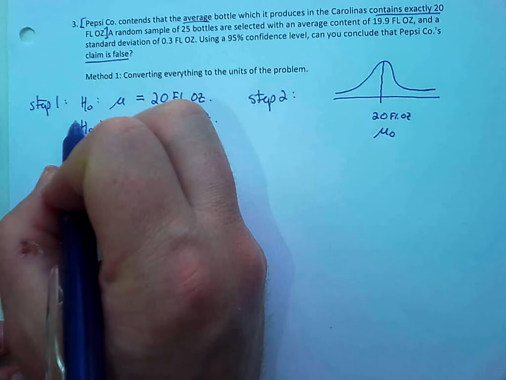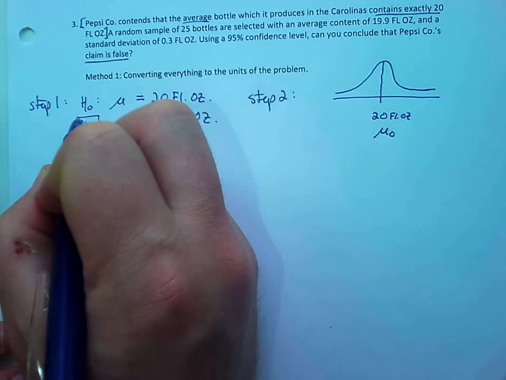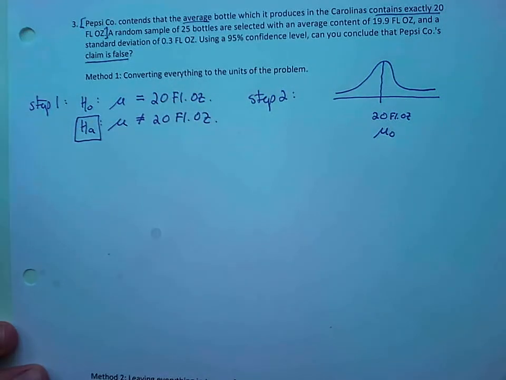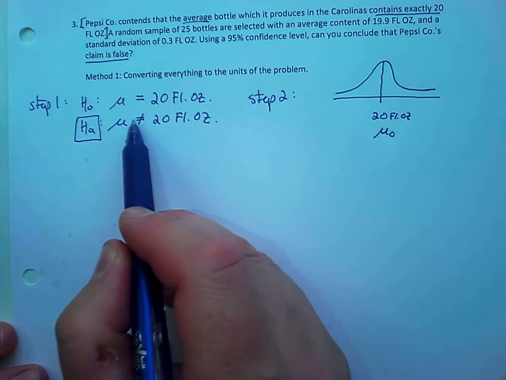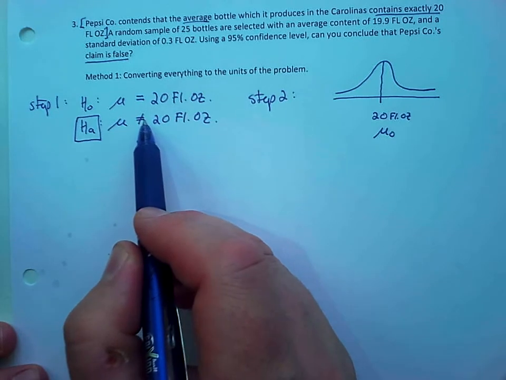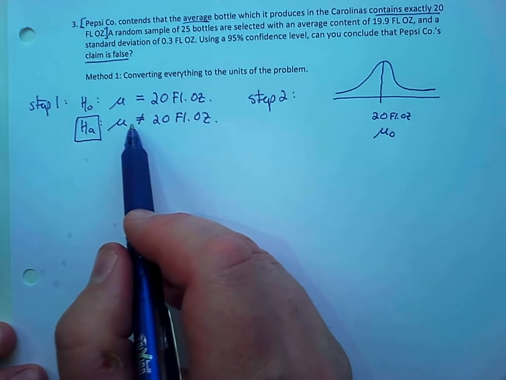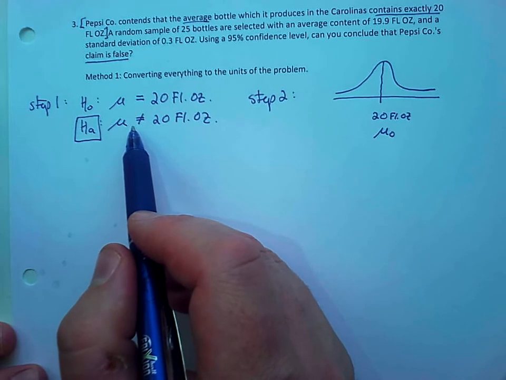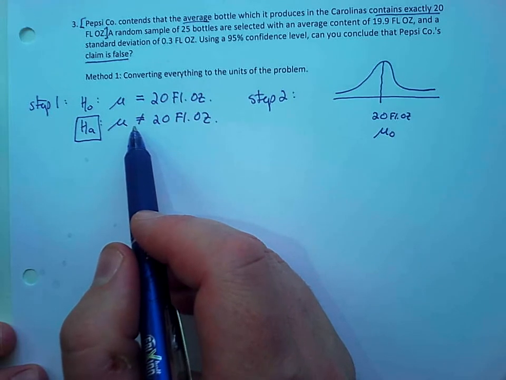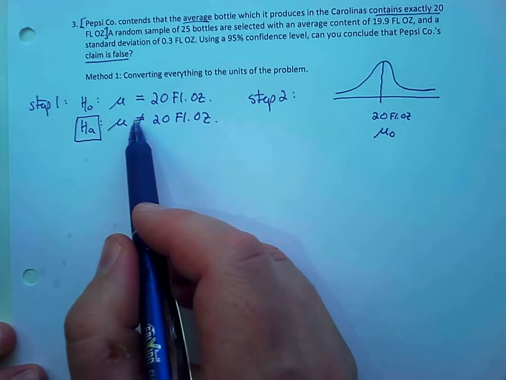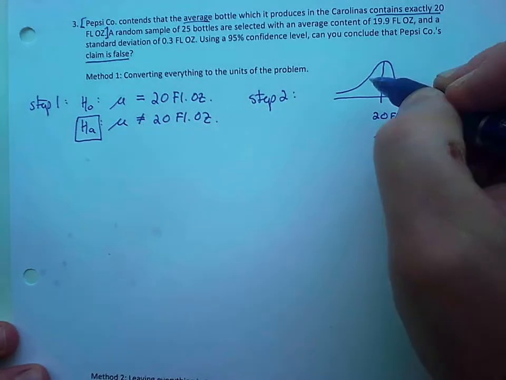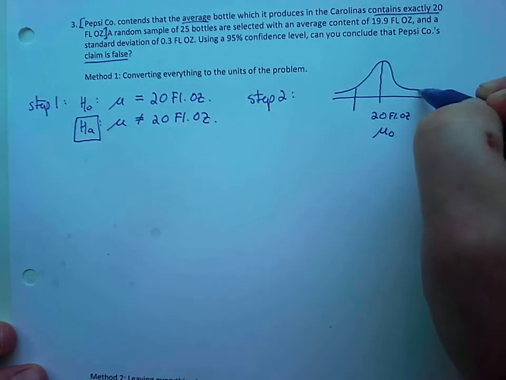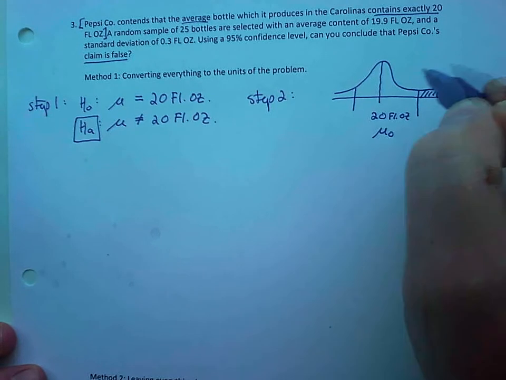And we determine that based off of our alternative hypothesis. Again, if we can draw a horizontal line that changes the symbol of our alternative hypothesis to an arrow, then that arrow is going to point to where our rejection region is. Here, it wouldn't change it to an arrow that points only towards the left or only to the right. So that means that we have a rejection region on the left and on the right.